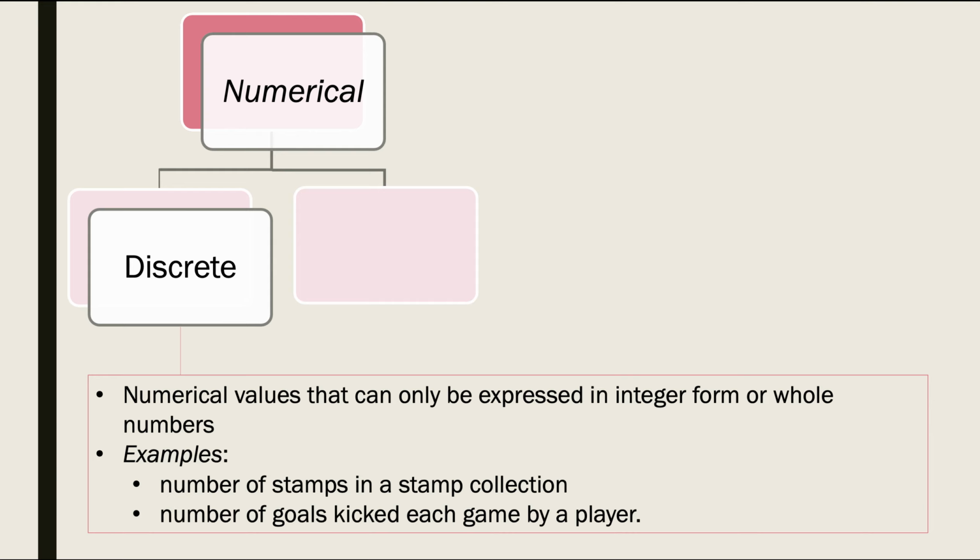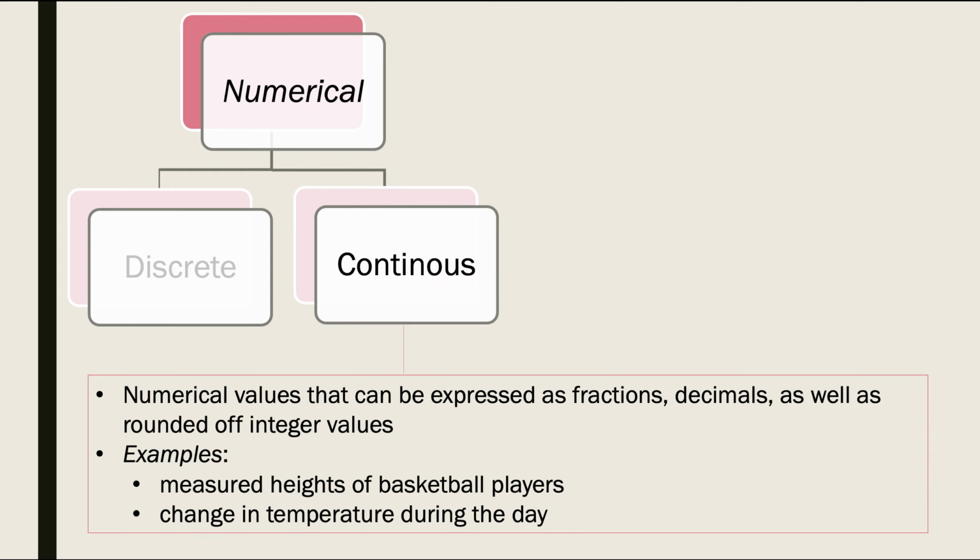Number of goals kicked each game by a certain player. Same thing. You either have 0 or 1 or 2 or 3 or 4 or 5, but you can't have 1.7 goals, okay? So this type of data is what we call discrete data. Continuous data is numerical values that can be expressed as fractions or decimals as well as rounded integers.